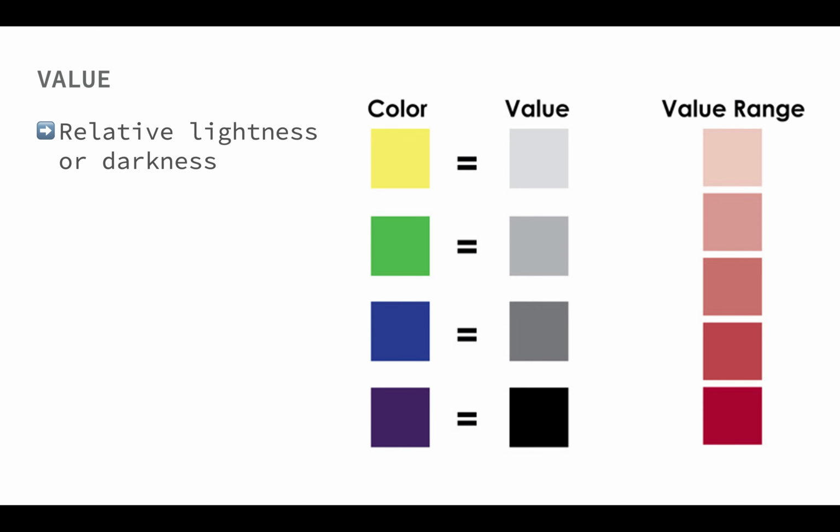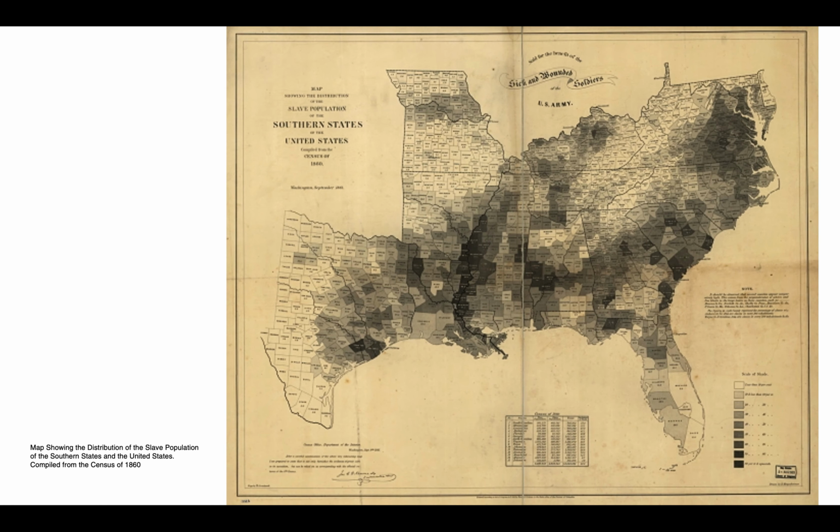I combine value here in this sense with color. So we talk about color and value, and thinking about relative lightness and darkness, and how we use those can work to our benefit. We can add in information here. So we're looking at the southeast part of the United States in the 1860s, and this is showing how each one of these little shapes is a county, and communicating the slave population in the southern U.S. And if you look at the value of these different counties, you'll notice some had more slaves than others.